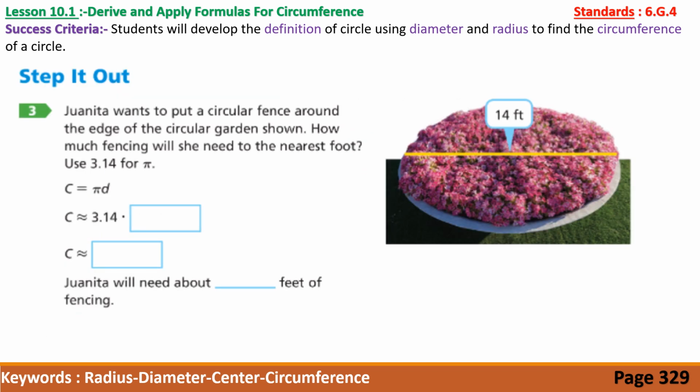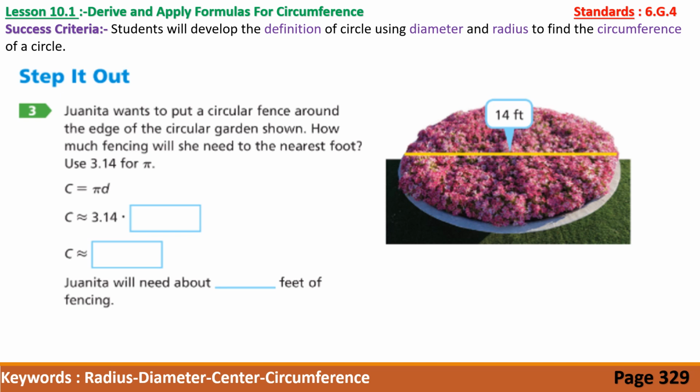Now Juanita wants to put a circular fence around the edge of the circular garden shown. How much fencing will she need to the nearest foot? Now how much fencing does she need? It means the perimeter they want to find out, or circumference.